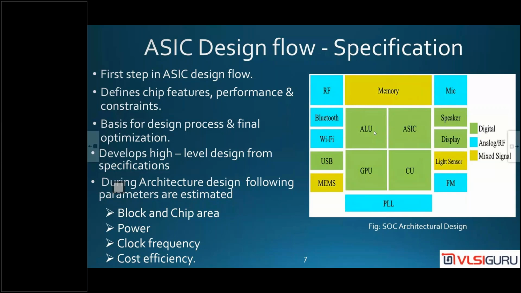If you take this i5 processor of Intel, it is extension version of what? i3 processor. Whatever i3 processor you have, add some additional features, make it as what? i5. So architecture team will also take the results of previous project, blocks of previous project, and they'll decide what blocks are required.